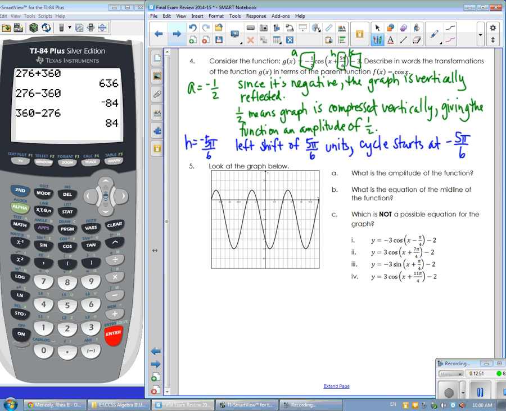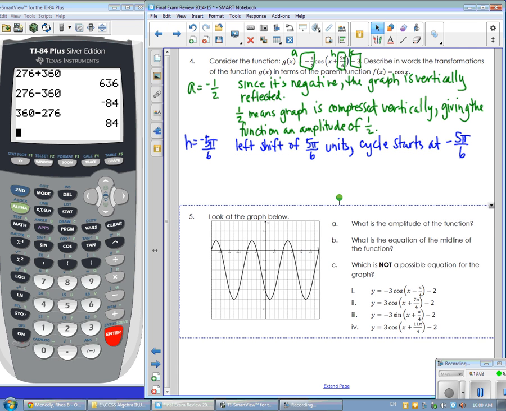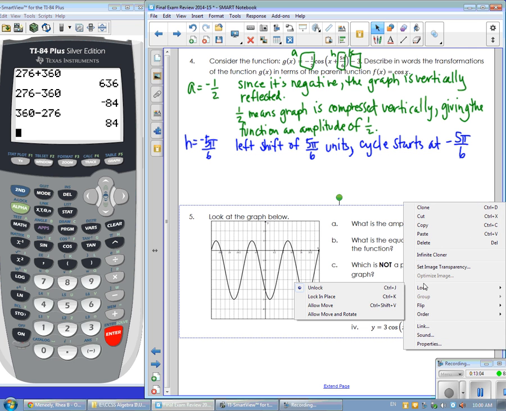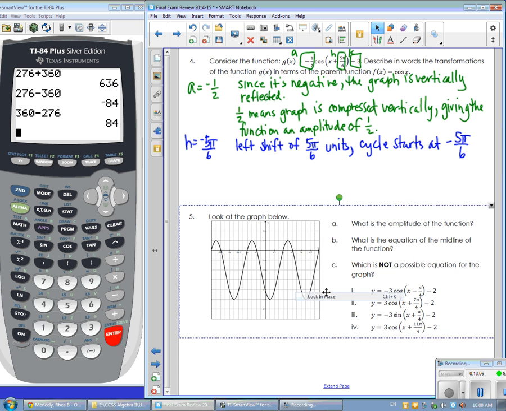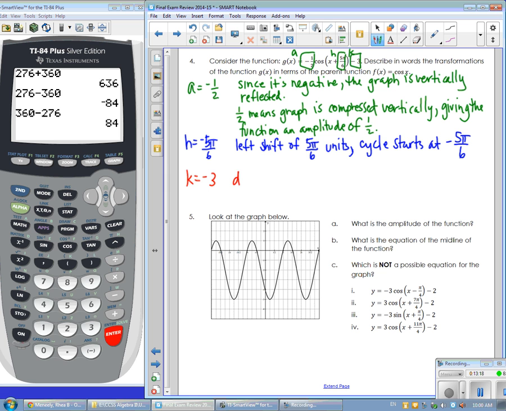And then our k value, that doesn't change sign, so I'm going to leave my k. My k value is equal to -3. And so that -3 is going to be either an up or a down shift. In this case, it's going to be a downward shift of 3 units.